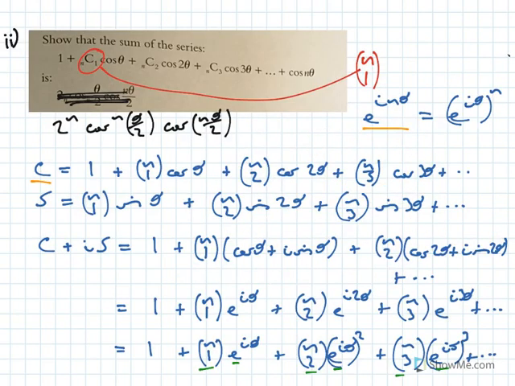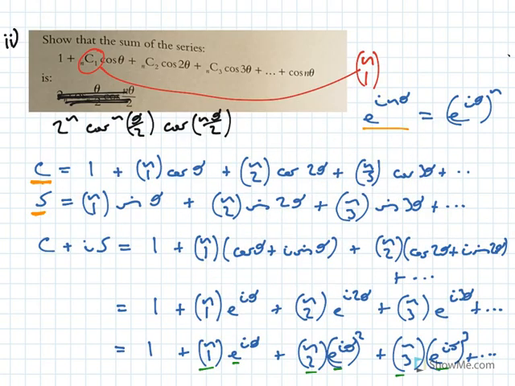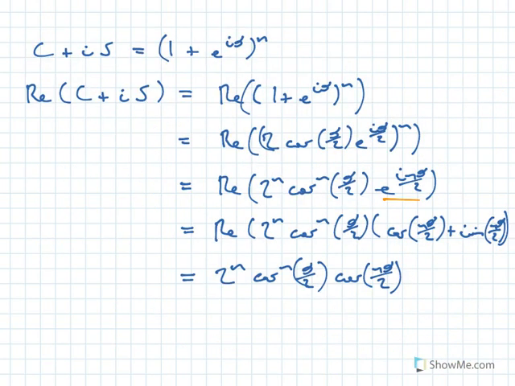So this is a really long process, or feels like a long process, but introducing this C and this S early on, obviously we could have been looking for S instead, and if we were looking for S, then we'd be taking the imaginary parts when we get to this bit. And then adding them together, you're trying to get yourself to a point where you can write something as a binomial expansion.